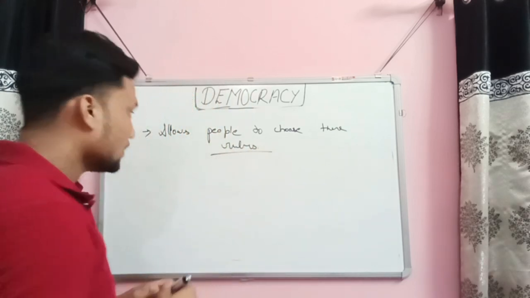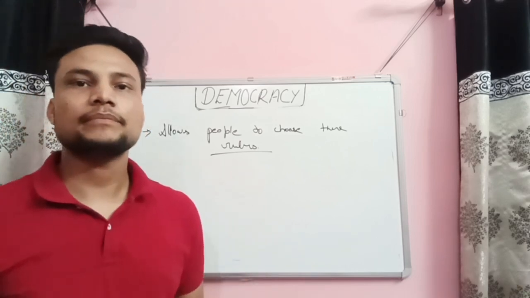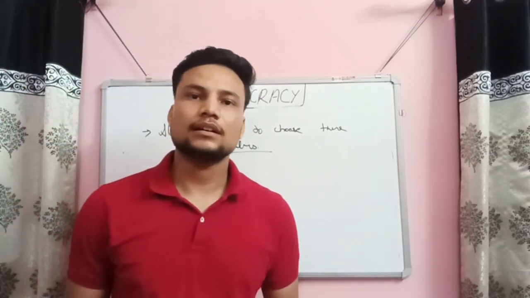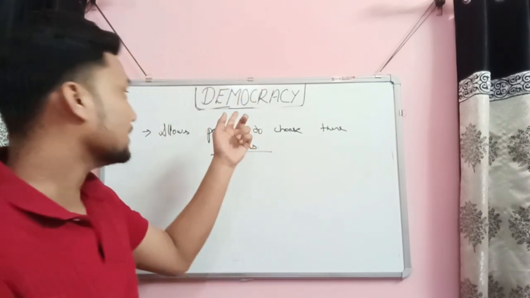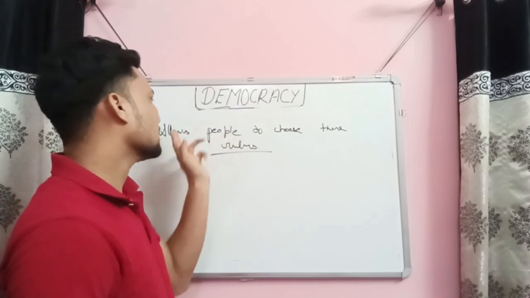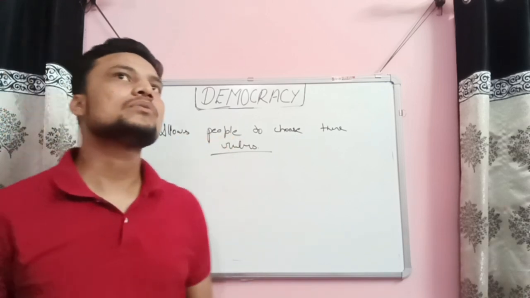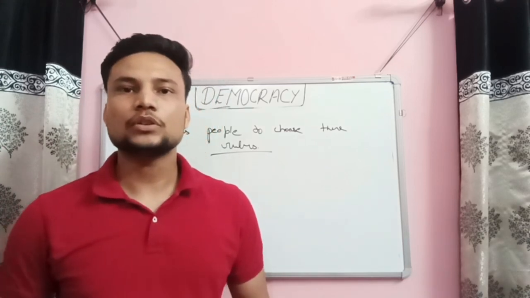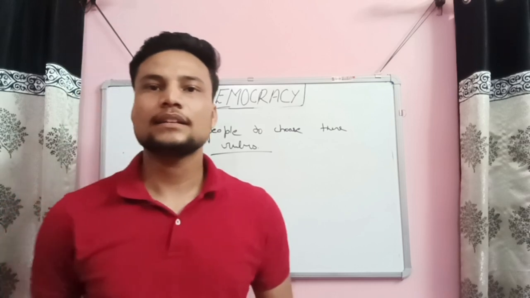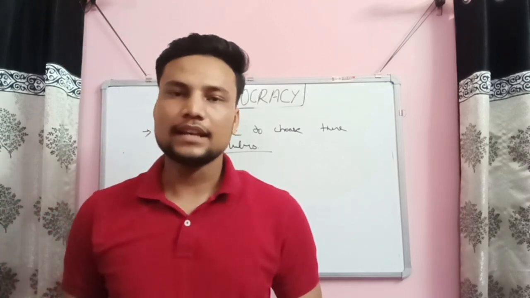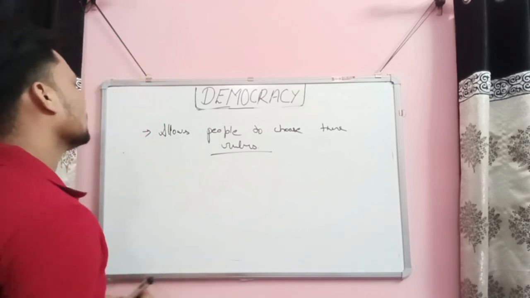In the earlier three examples there is no mention of people, means they are not able to elect or select their ruler. But in democracy, it gives people the power to choose their rulers, to elect their ruler. If I want to know who is going to rule me, I have the power, I can choose by voting or by the process of election. That makes democracy more attractive and more efficient also.